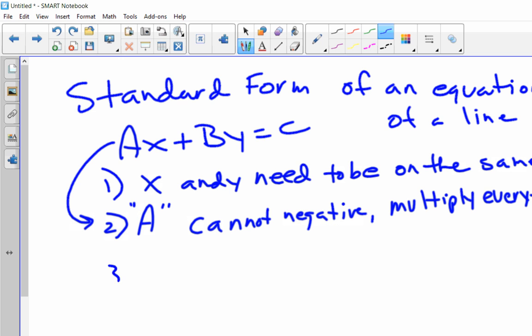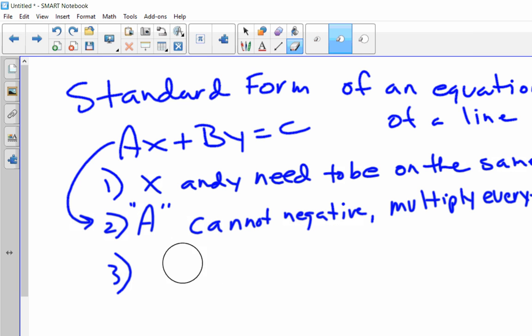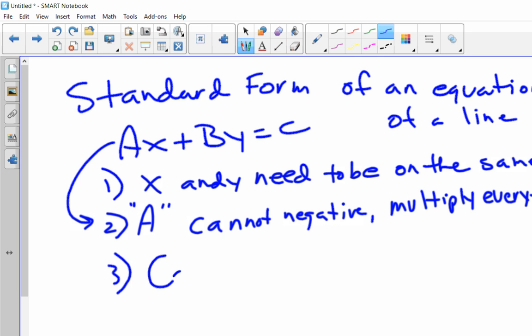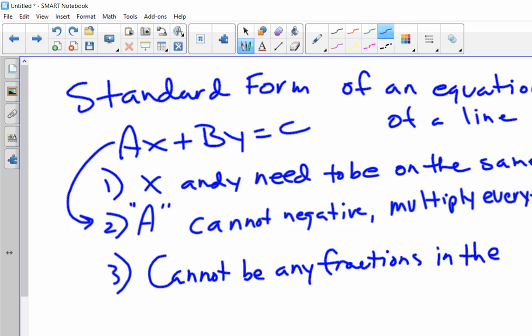And then the last one is there cannot be any fractions in the equation, okay? So no fractions at all.